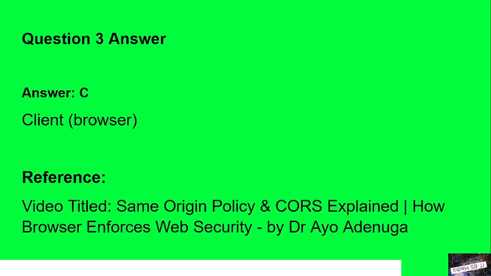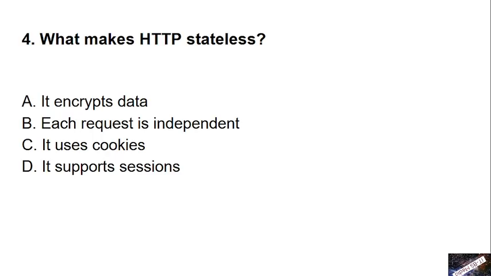The browser is the client. To learn more about this, watch the video titled Same Origin Policy and CORS Explained, How Browser Enforces Web Security by Dr. Ayo Adenuga. Okay, so let's go to question 4.